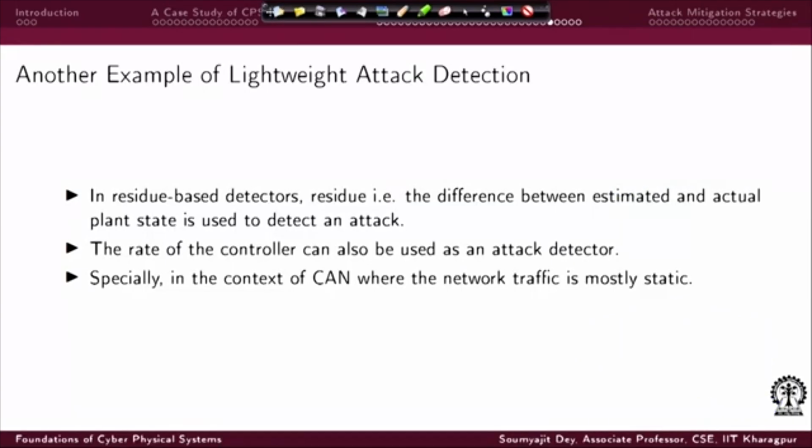Alternately, suppose I decide that I will change the rate of the controller, and this is something unknown to the attacker. Or the plant and the controller have a mutually agreed upon schedule, and in that schedule they are dropping the measurement communication or the control input communication in certain cycles.